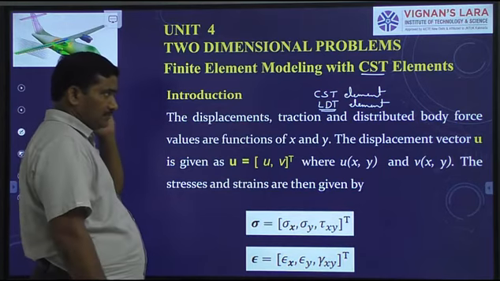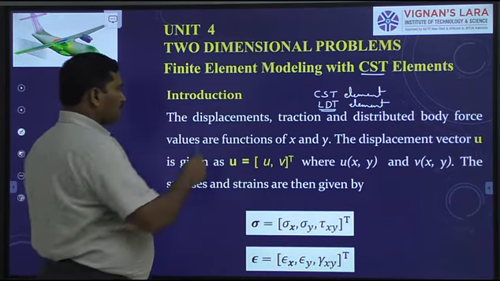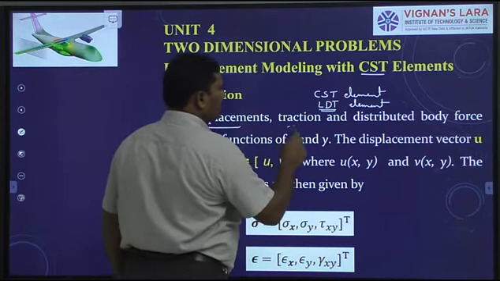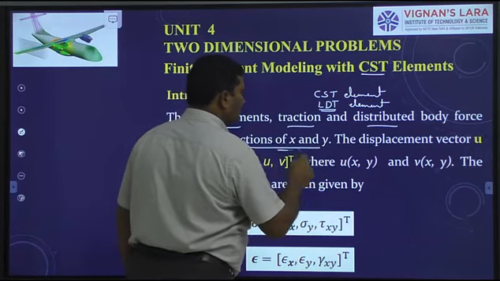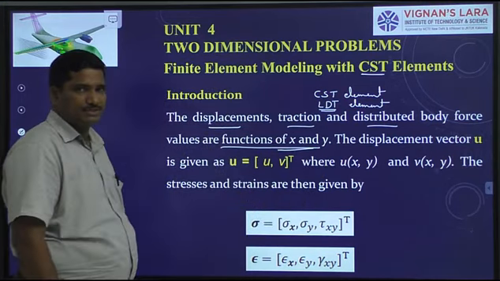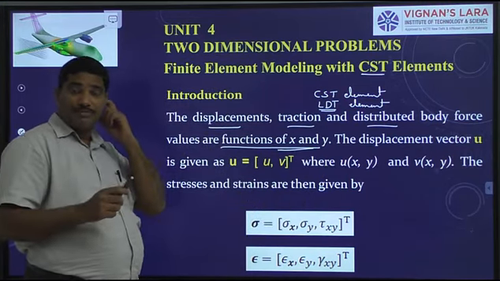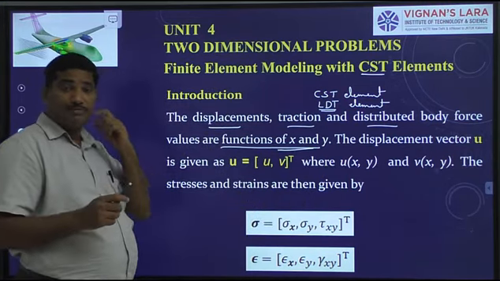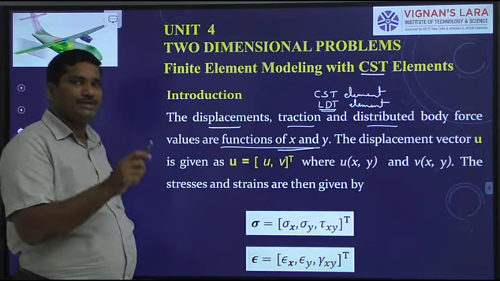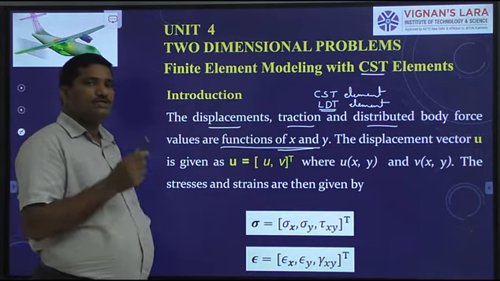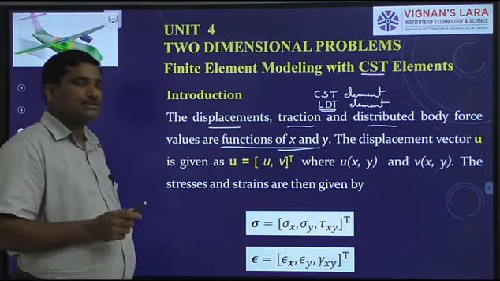The displacements, traction and distributed body force values are functions of x and y in two-dimensional problems. In one-dimensional problem, displacement is a function of variable x. Strain is a function of variable x.